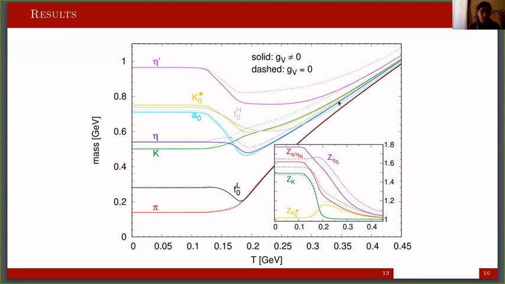And the structure appears also in our case. The high temperature masses are even more squeezed, which is a nice behavior.